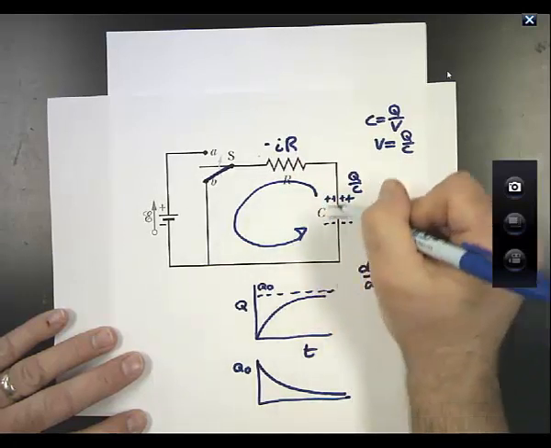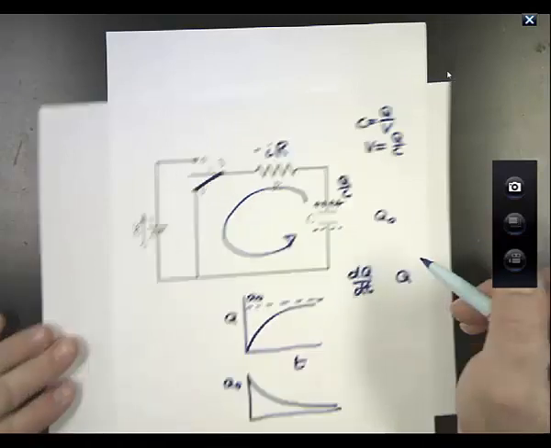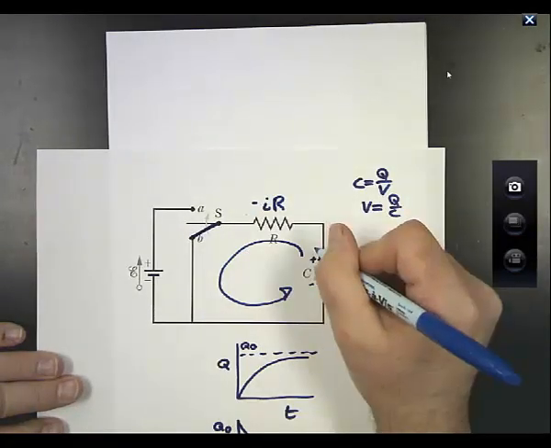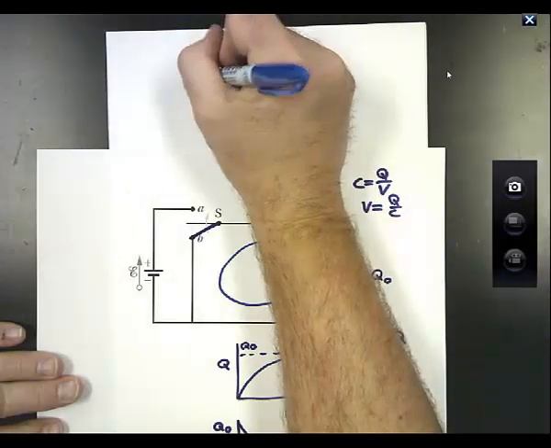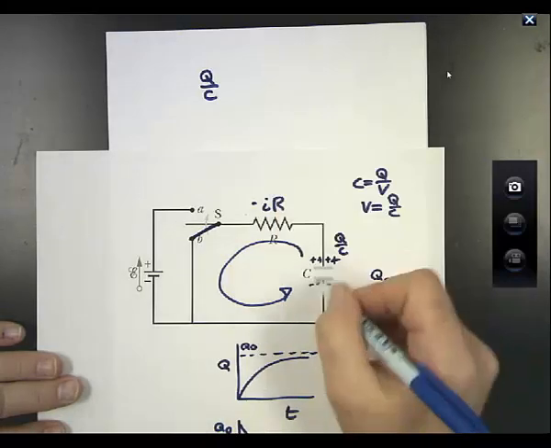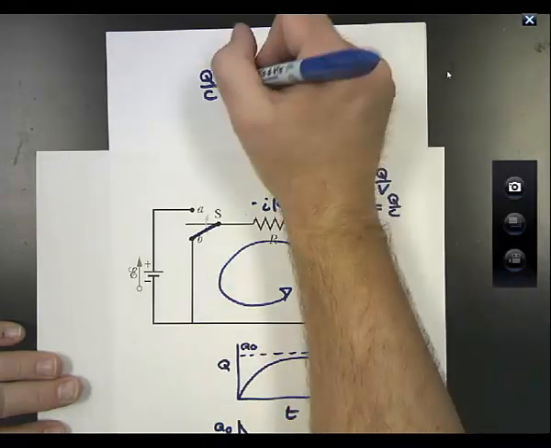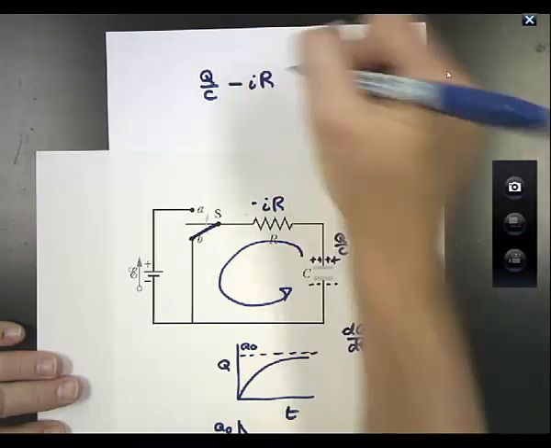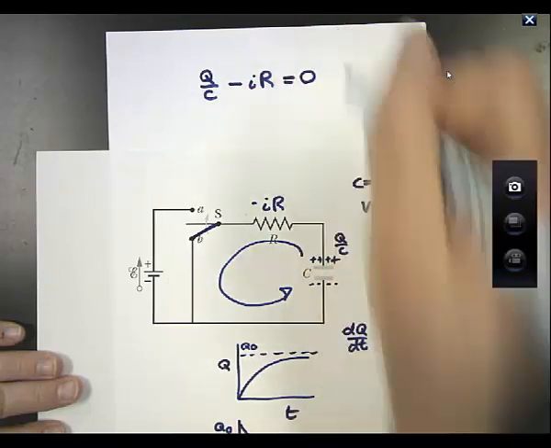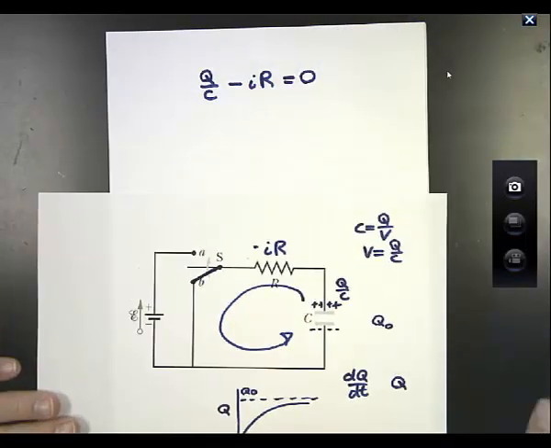So if I follow this around using Kirchhoff's laws, I get the increase at the capacitor as Q over C, then the voltage drop across the resistor, and I've made it back around the circuit, and according to Kirchhoff, that should equal 0.